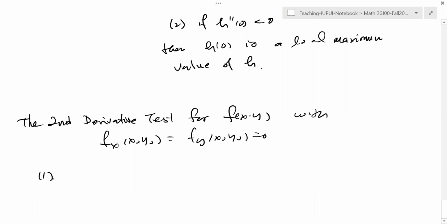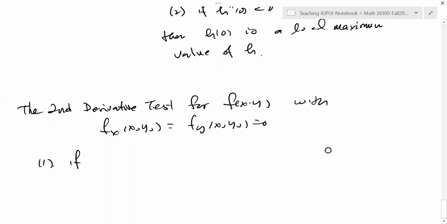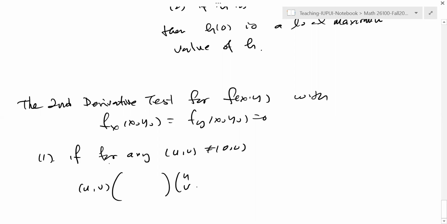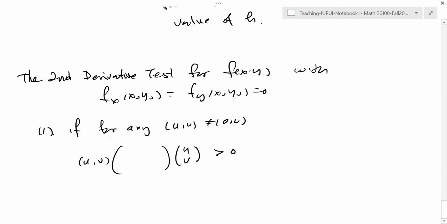Then first, h double prime is going to be positive, right? H double prime positive means this matrix, okay, so if for any direction this matrix is positive, and I'm not going to fill in the details here.